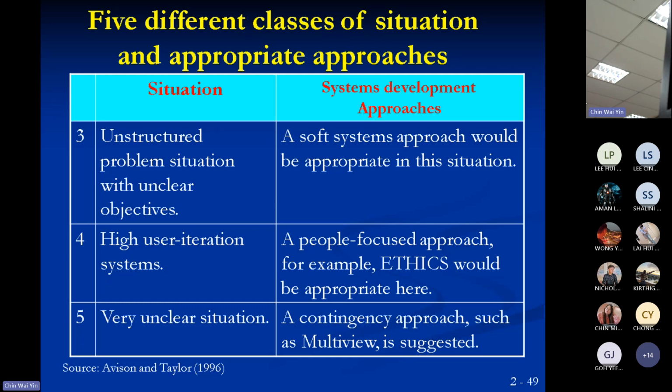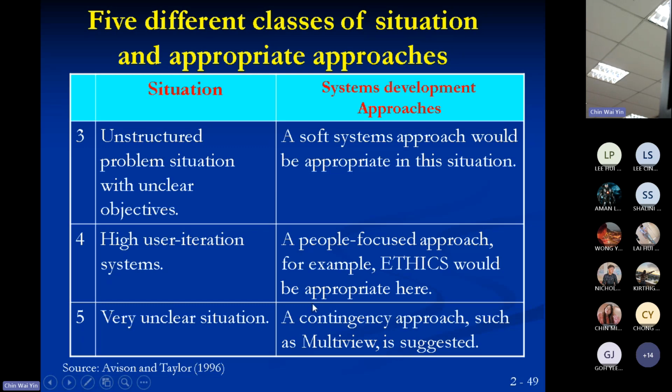It is different from the third, because in the third you know there is a situation, it's just not clarified. But here, you don't even know what the situation is, though you know there is a problem. In this case, a contingency approach such as the multiview method is suggested.